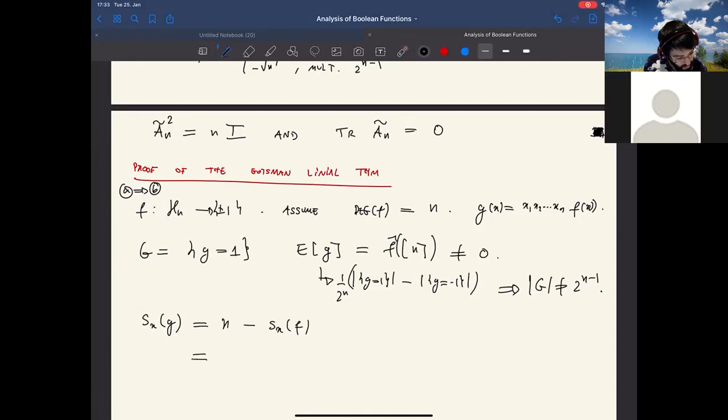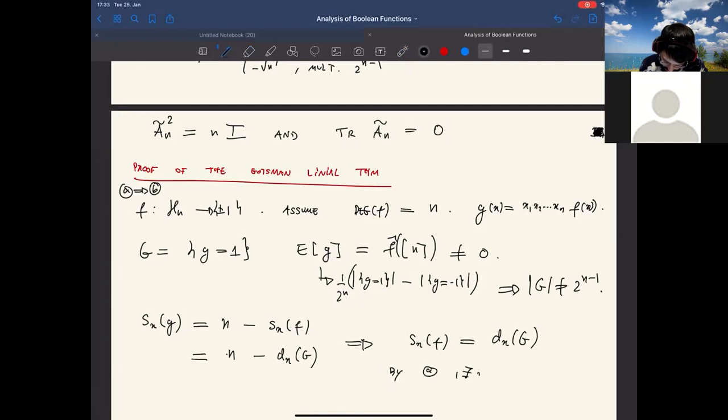So this is also equal to n minus the degree of X in G. Okay, so that implies that the sensitivity of f at X equals the degree of X in G. But we do know that there exists some X0, this is by A.